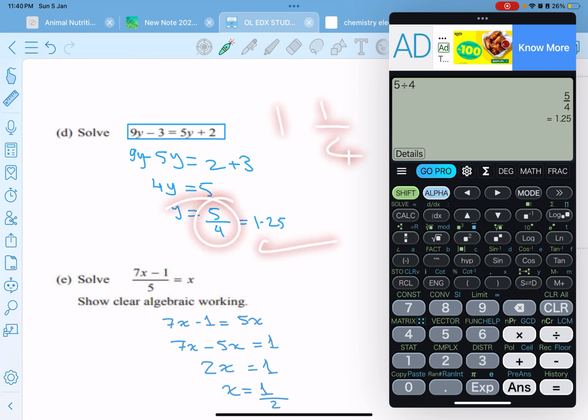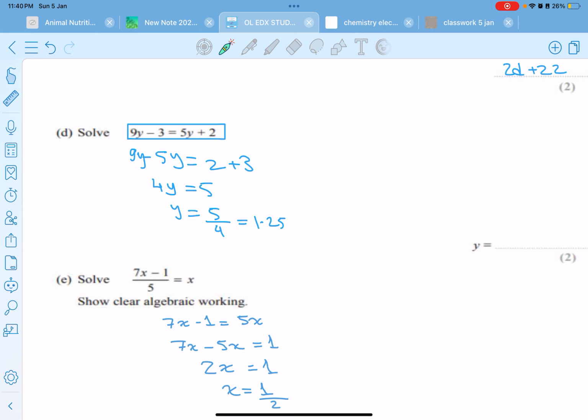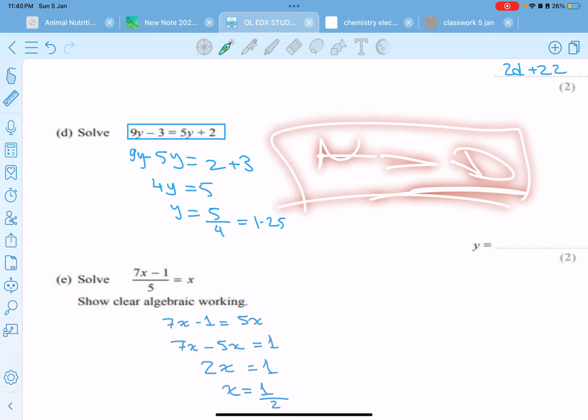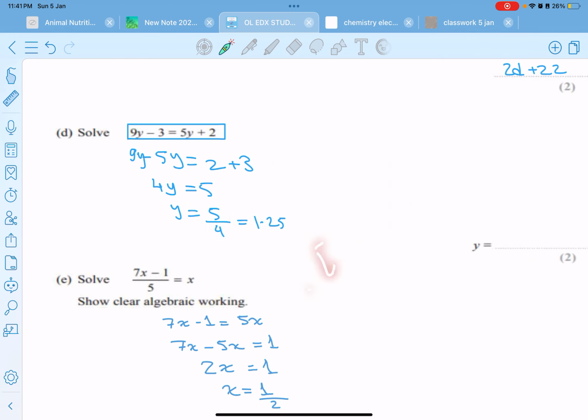You can also write it like this. The mark scheme accepts all the answers. However, to always be on the safe side, if you had an improper fraction in which the numerator is greater than the denominator, please do not write it like this in the answer. Write it as a decimal, unless it's a long decimal like 0.7890158 and so on. Please do not write a decimal if it's a long decimal.